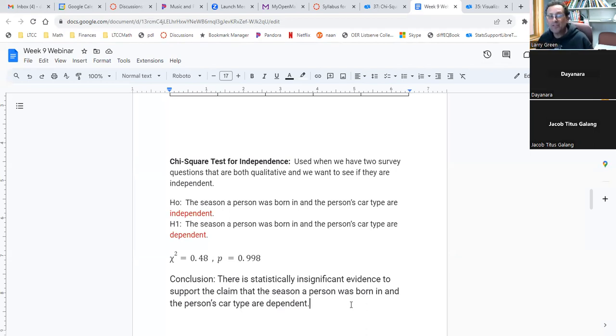Sometimes the question will say, is there a relationship between the season a person was born in and the person's car type? We can say they're dependent if we have a small p-value, or we don't have statistically insignificant evidence to support the claim that they're dependent. Will we ever be able to say they're independent?